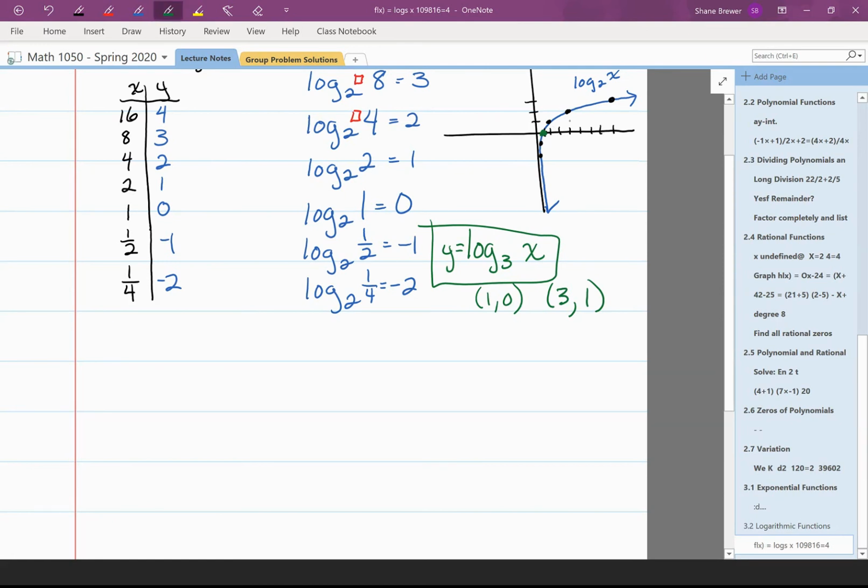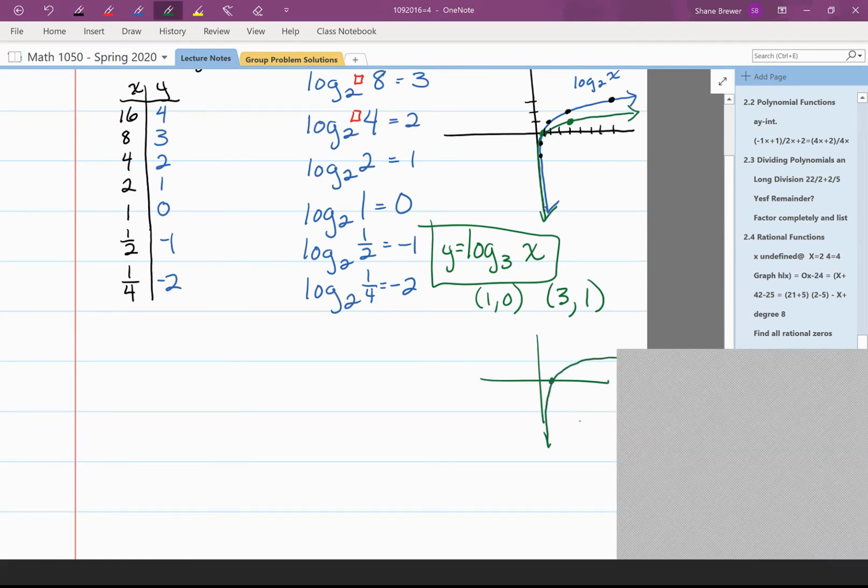So over 3, up 1. So those are my two anchor points, and there's my graph. The point is this: all logarithmic graphs look basically like this. They go through (1, 0), and then they look like that.